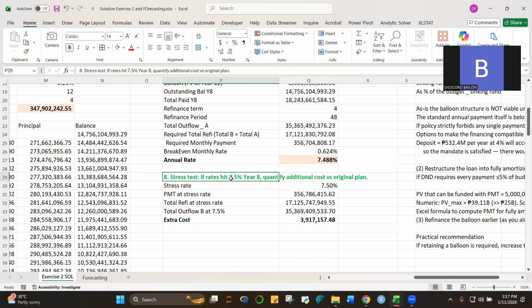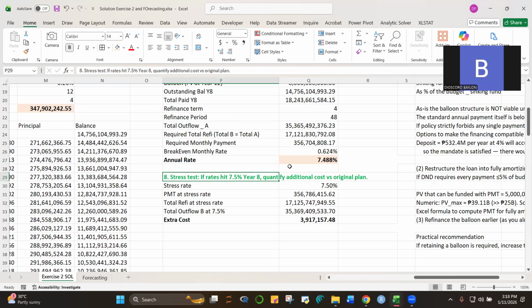So this is the question, number 8. What if the rates hit 7.5%? We know here that 7.5% is higher than the annual rate. So what will happen here is that refinancing is now more expensive, because we said up to 7.488 refinancing is okay.